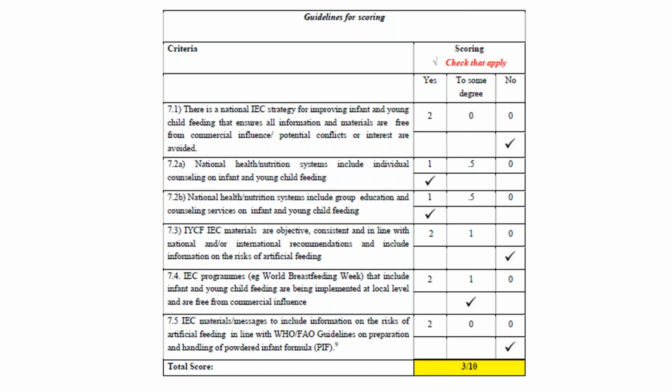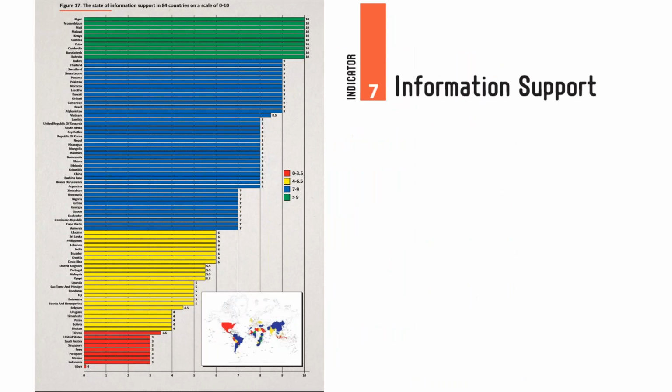So we scored 3 on number 7. And where does that put us in the world? You can see by the map, you know where we're going to be. We are going to be in the red, but we're close to the top of the red. So maybe we have hope for moving into the yellow. And once again, you can see that there are a lot of solid 10 countries up at the top of the list.